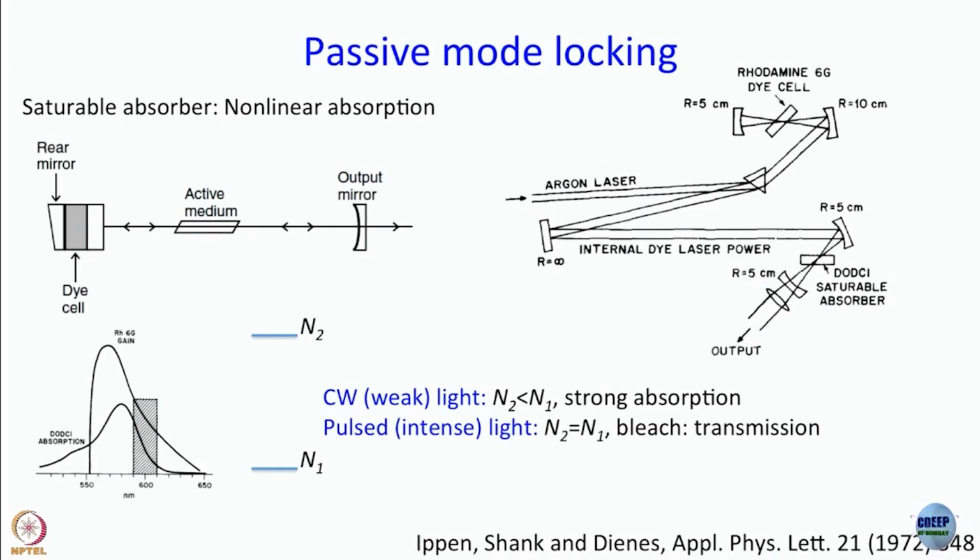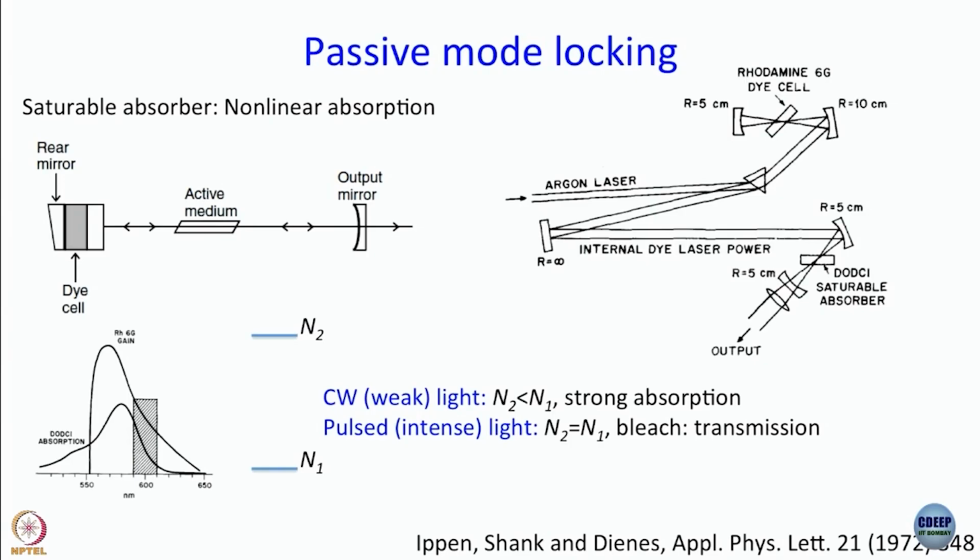And as you worked out yourself, pulse light is really very intense. So, let us say we have this laser cavity in which we have CW light propagating and pulse light propagating as well. CW light will be absorbed by the saturable absorber and therefore stopped. So, its propagation will be hindered.